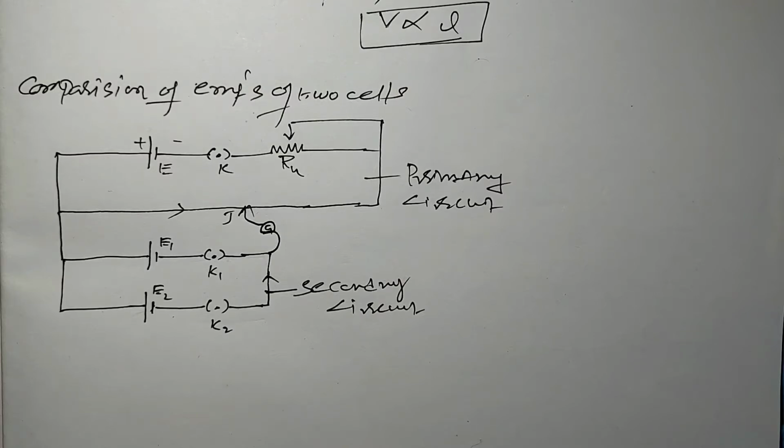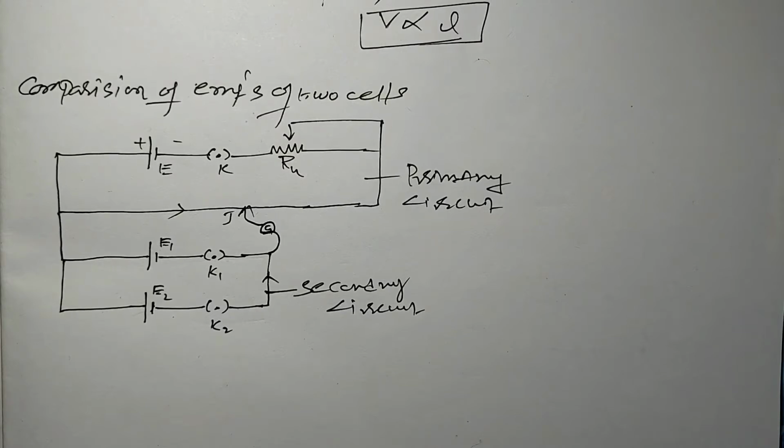It works in the balancing condition, so it does not draw any current from the source. Whereas the voltmeter draws some current from the source, so it may not measure the potential difference accurately. That is one advantage of the potentiometer over the voltmeter.